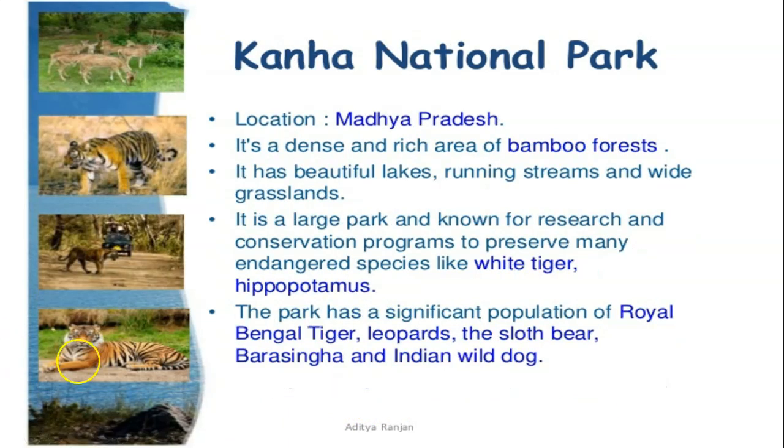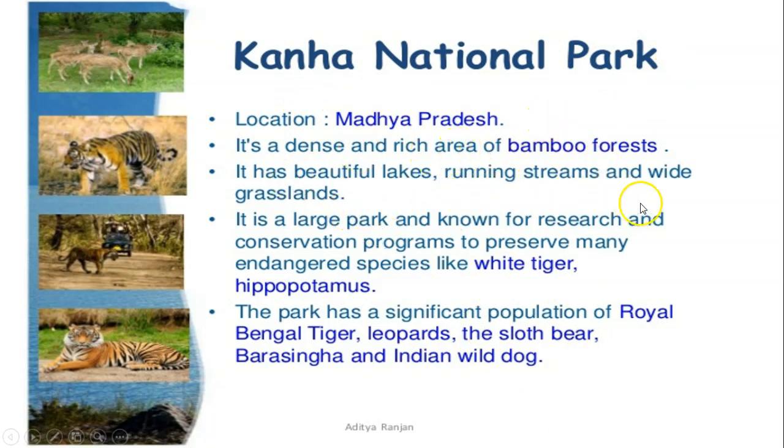Then Kanha National Park. I'm just going fast because it is not possible to elaborate on each and everything. The video may get too big, and I want you to go through all these things by yourself. So Kanha National Park is in Madhya Pradesh.